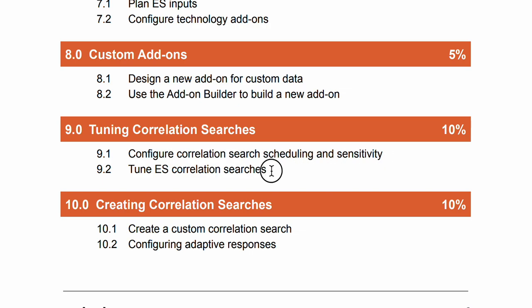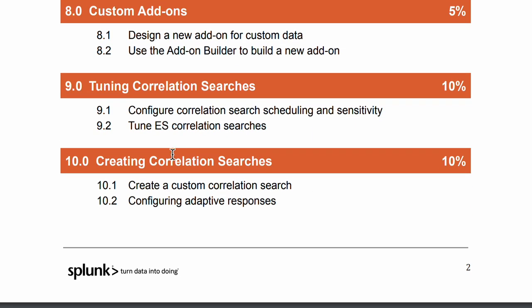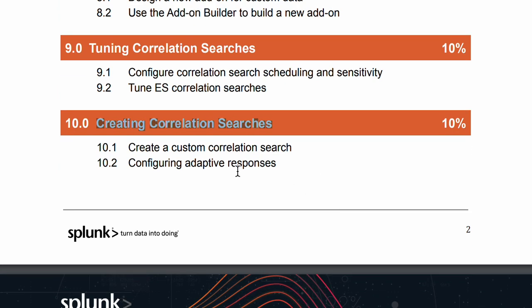Now these are the default searches. Again, you can create your own customized searches. This topic, the ninth topic, will cover 10% of questions.